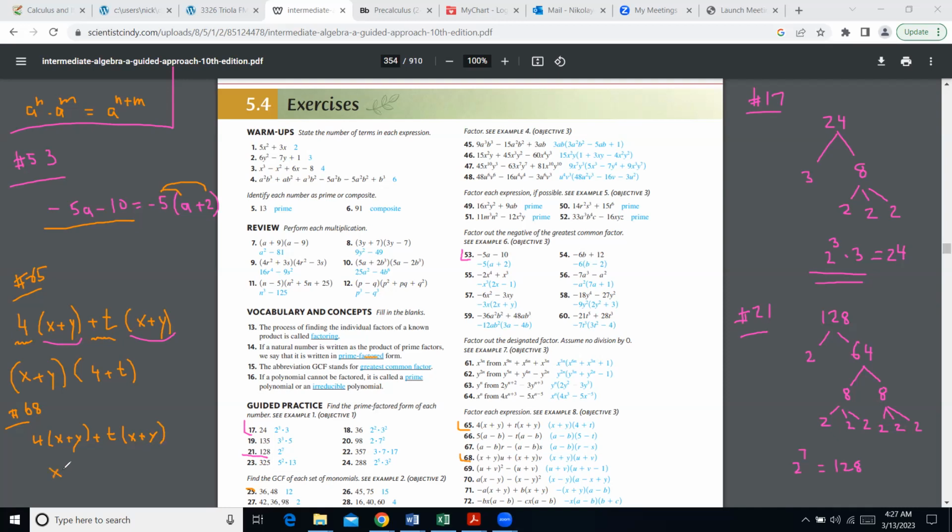So I factor out this parentheses, x plus y, I just write it only once, and then the 4 and the positive t will give us another factor, another parentheses. So I just copy whatever is left over, and that's the answer. Again, notice that factoring is not simplifying my expression, but writes it as a product of pieces. So it's x plus y times 4 plus t, just like that.